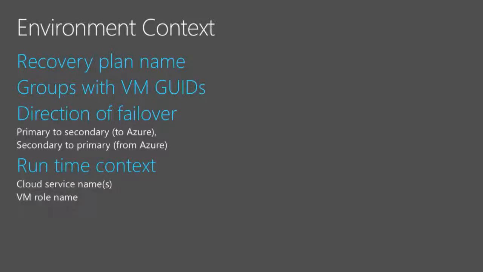We provide all these so that you can manipulate them to bring up the application in the right manner, in the right order, and ensure that you get application-specific recovery. So, as I said, you can run scripts inside the virtual machine, or you can use this environment context to achieve manipulation of your entire recovery plan and reach a recovery.